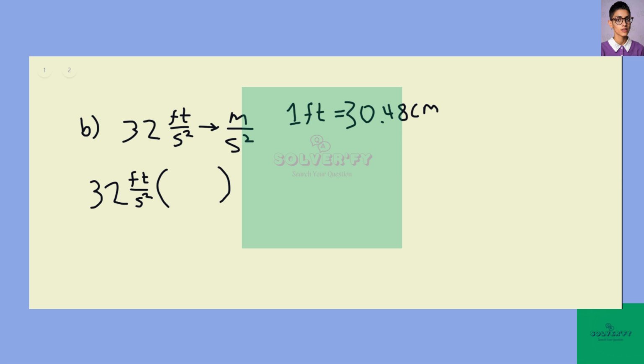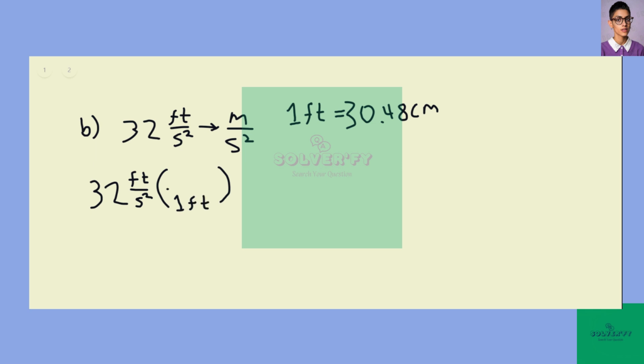So 1 foot equals 30.48 centimeters, or we could take the inverse, where 1 is equal to 30.48 centimeters divided by 1 foot. Since we want to get rid of the feet that's on top, we put feet at the bottom.